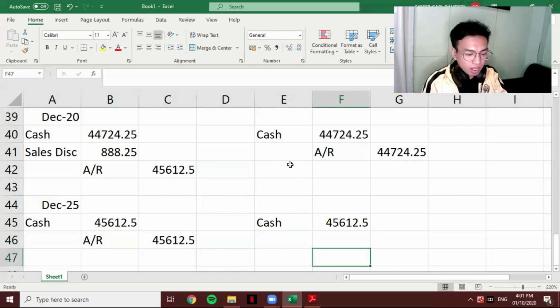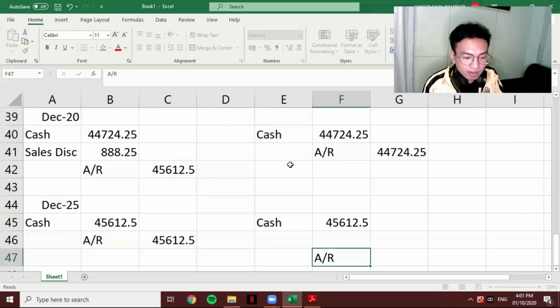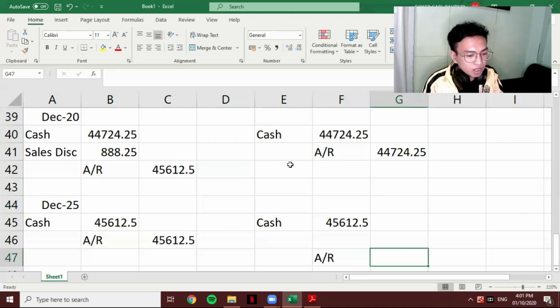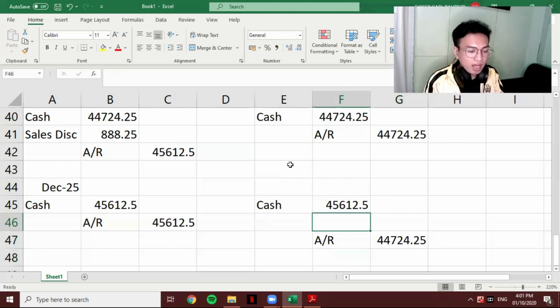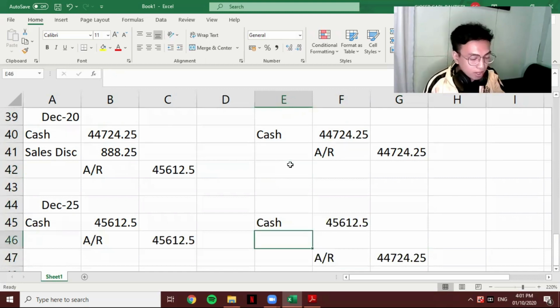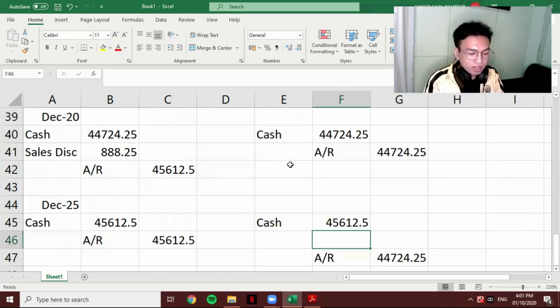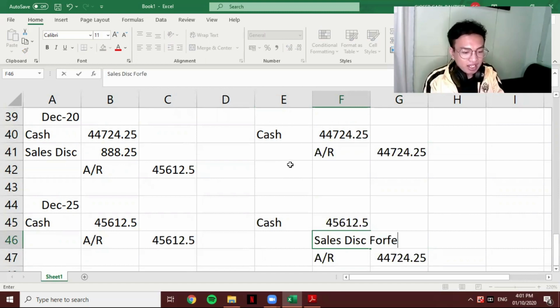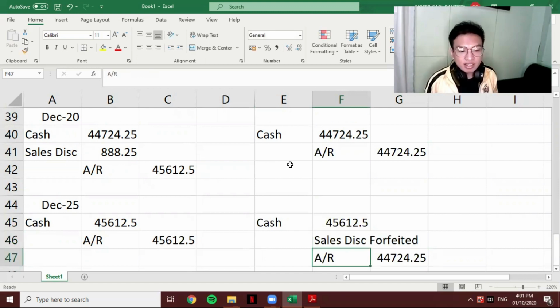So, your AR here is only amounting to how much? 44,724.25. Now, yung kulang nila will now become the sales discount forfeited.